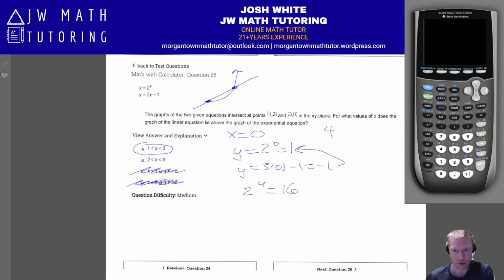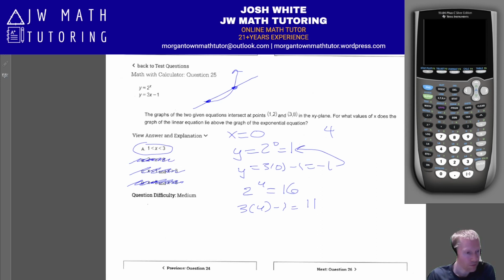You can do it on the calculator if you don't know it off the top of your head. And then the next one, we have 3 times 4 minus 1, which is 12 minus 1, or 11. So when x is equal to 4, is the linear equation above the exponential? And the answer is no. 11 is not above 16. So that would allow us to eliminate B, and then we get the correct answer, A.